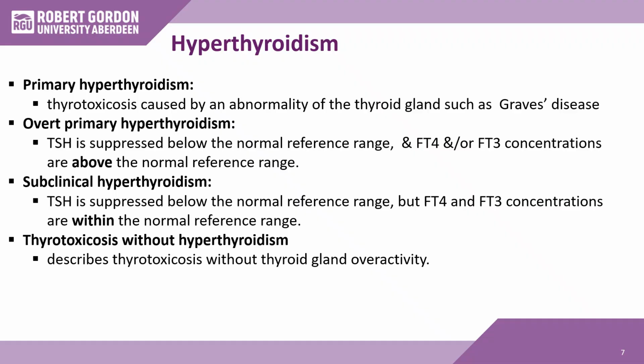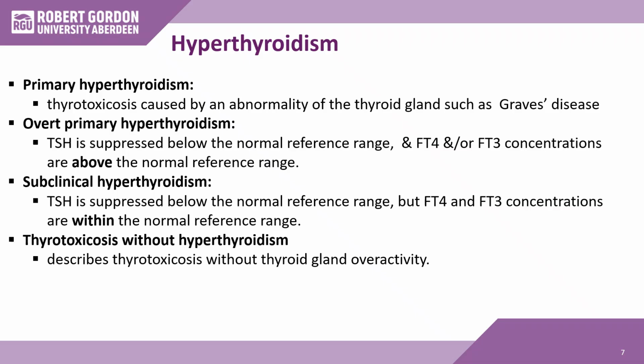So hyperthyroidism comes in different forms. We have primary hyperthyroidism, overt primary hyperthyroidism, subclinical hyperthyroidism, and there's also thyrotoxicosis without hyperthyroidism. As you can see here, the TFTs can help us distinguish between the different kinds.